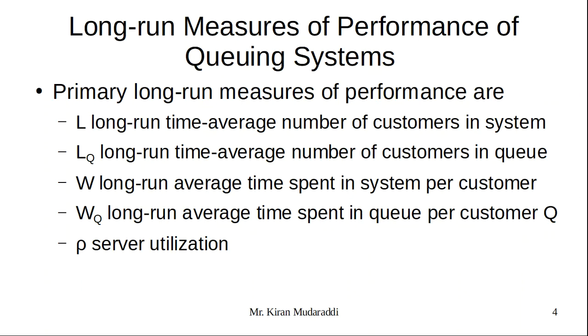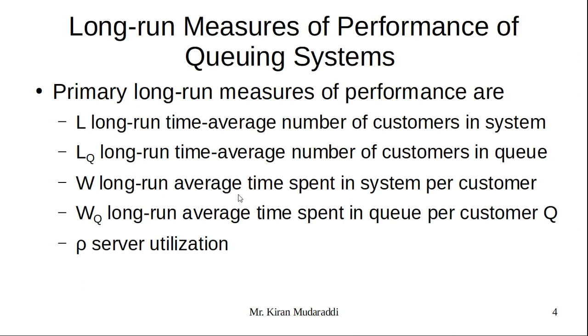The first one is called L. L stands for long run time average number of customers in the system. How many customers are there in a system is called L, and how many customers are standing in a queue is called LQ.